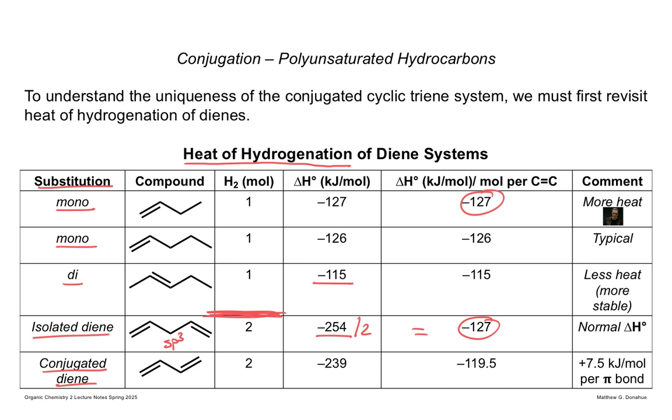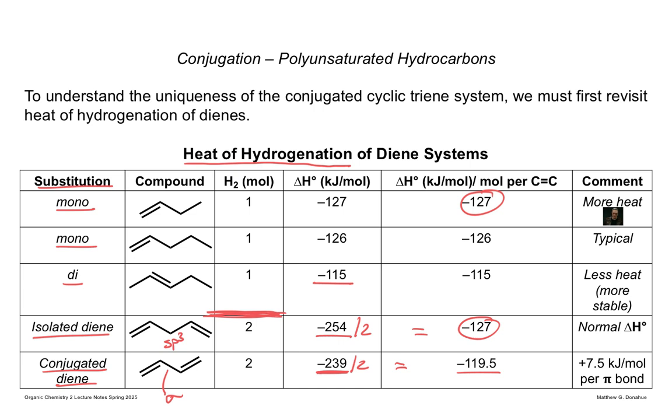Now the difference, the important part, is that the 2 alkenes are now separated by a sigma bond. Notice that when we hydrogenate that, the value is much lower, negative 239. So we take that, divide by 2, and we get negative 119.5.